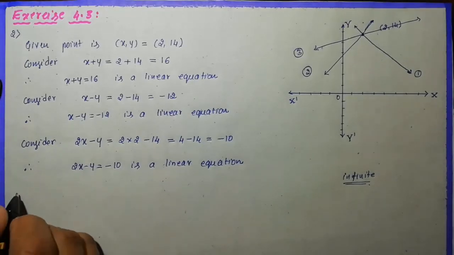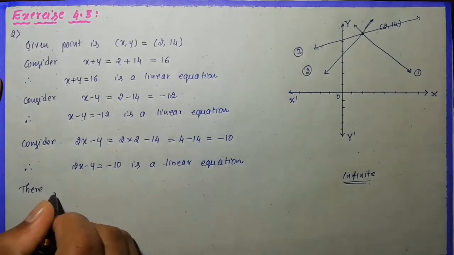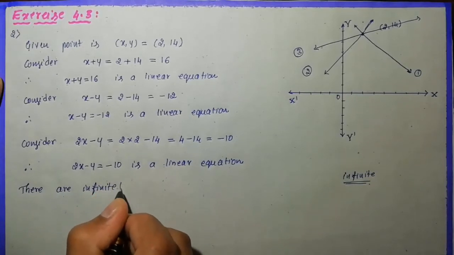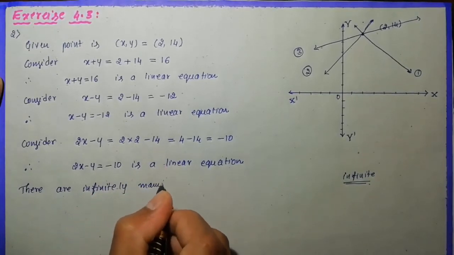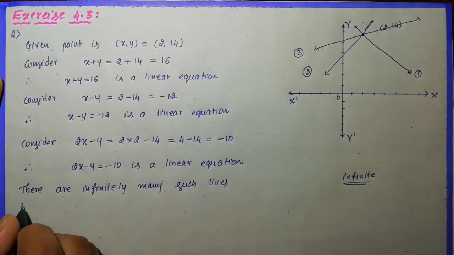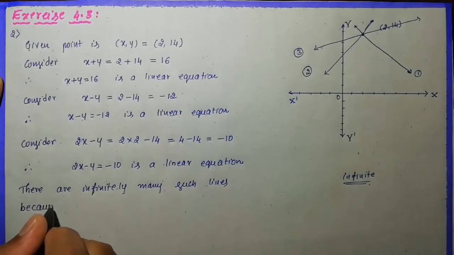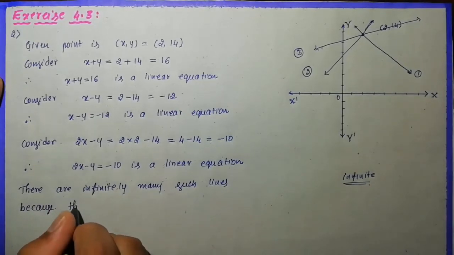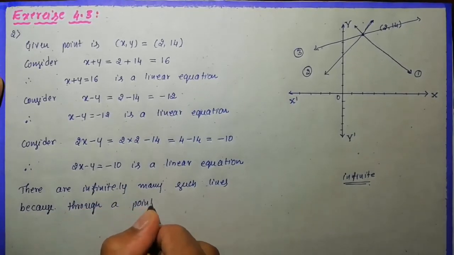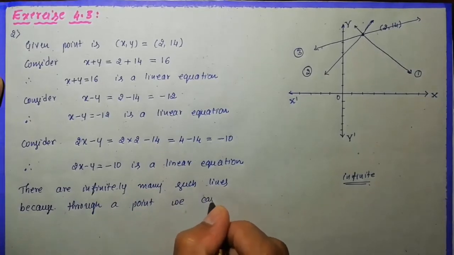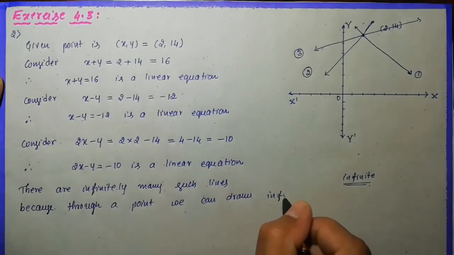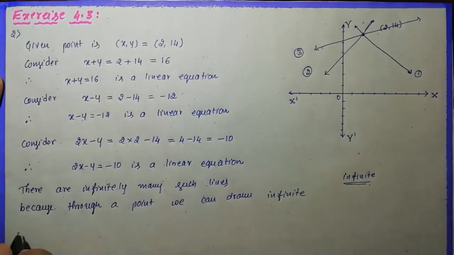First you have to write down: there are infinitely many such lines, and because he is going to ask for the reason also, because through a point we can draw an infinite number of straight lines.